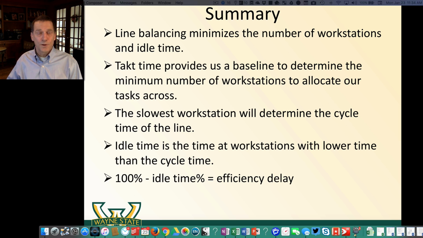The slowest workstation will determine the cycle time of the line. The slowest workstation cycle time is the cycle time of the line. It is the bottleneck of the line. Idle time is the time at the workstations with lower time than the cycle time. So we will have idle time in every workstation except our bottleneck.